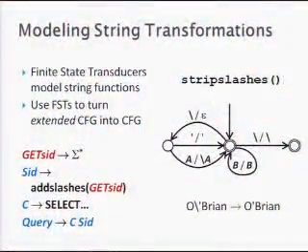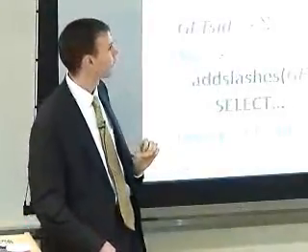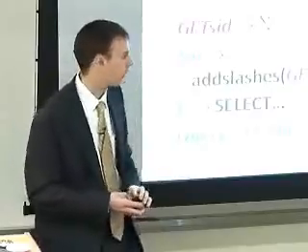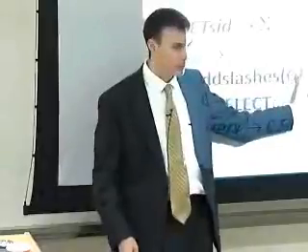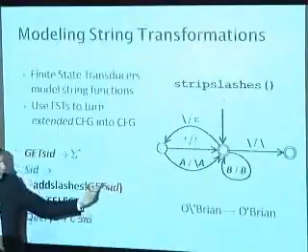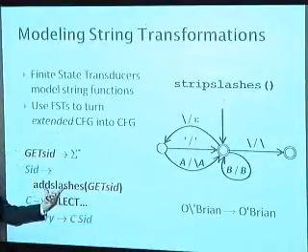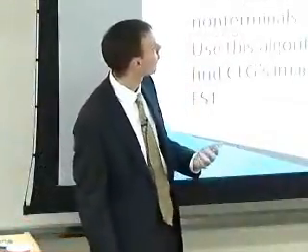We're going to use these transducers to change this extended context-free grammar into a standard context-free grammar. The idea is we take the grammar rooted at the argument non-terminal and find its image over the transducer that models this string function. How do we do that? The algorithm for finding the image of a grammar over a transducer is very similar to the algorithm for finding the intersection of a grammar and an automaton.